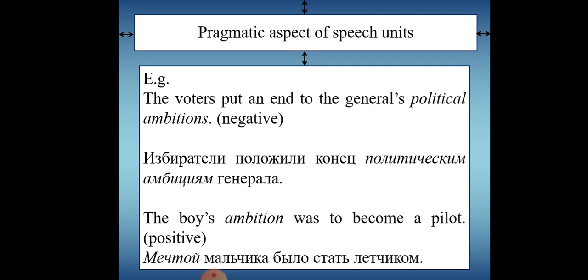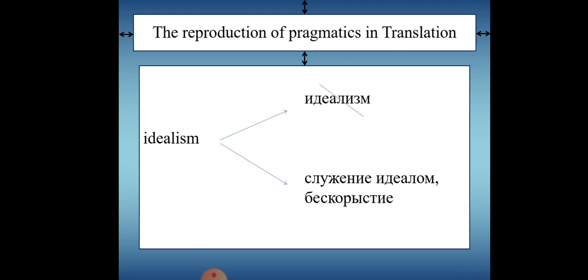There are some other words, such as idealism or nationalism, that often have a positive effect in the English text. And they are rendered into Russian not as idealism or nationalism, but as служение идеалам, бескорыстие and национальное самосознание, национальные интересы.